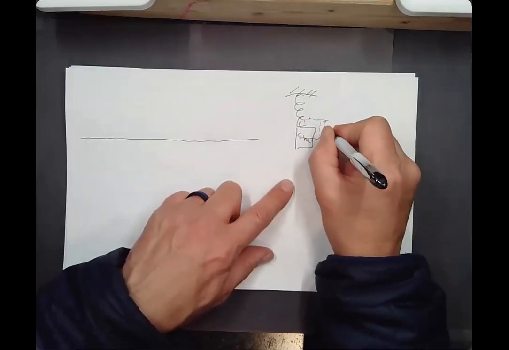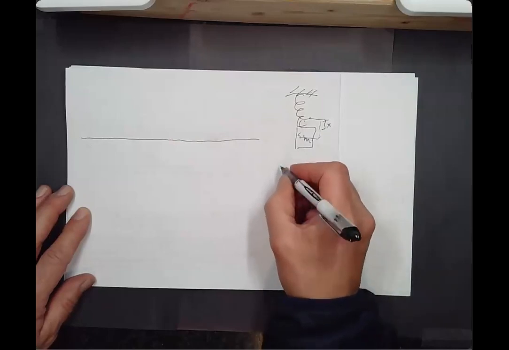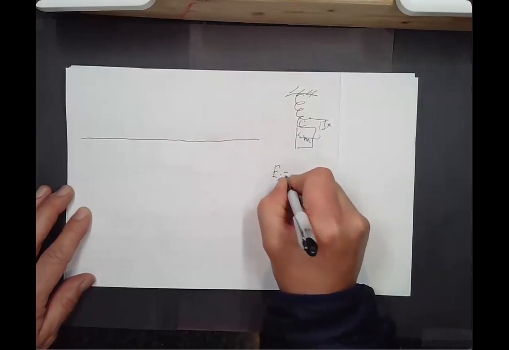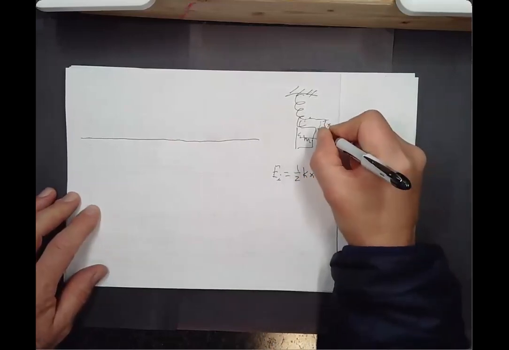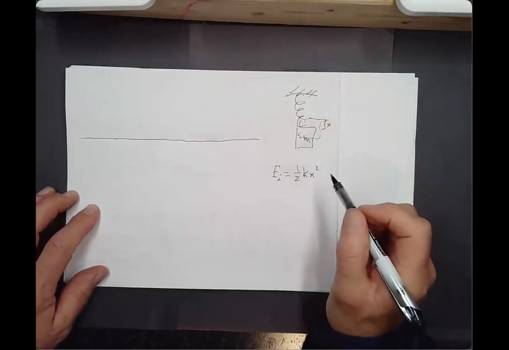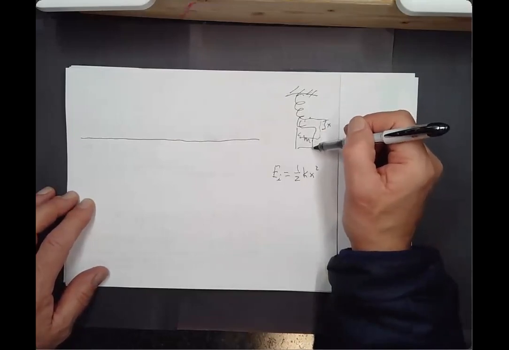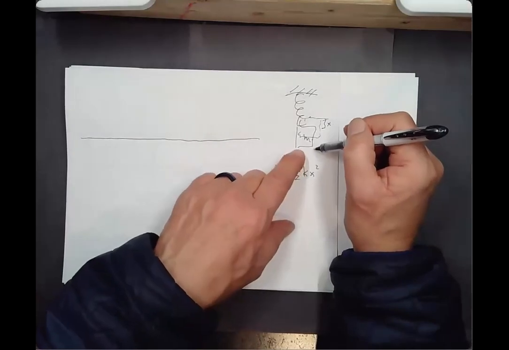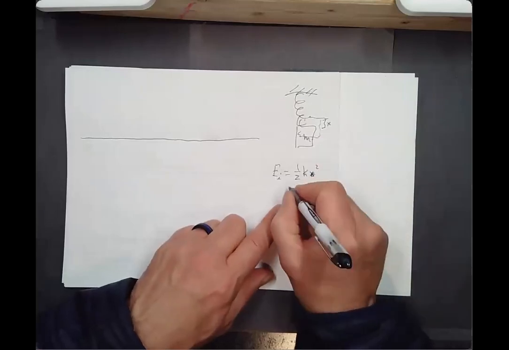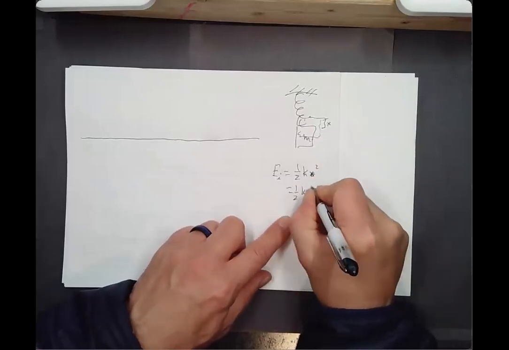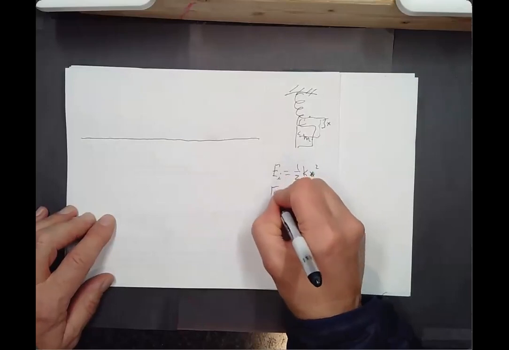When it's up there and the mass is at rest, the energy is going to be 1/2 kx squared, as long as you think of x as the distance you raised it above the equilibrium position. We could call that 1/2 ka squared, because a is going to end up being the amplitude of the motion. So that's our initial energy.